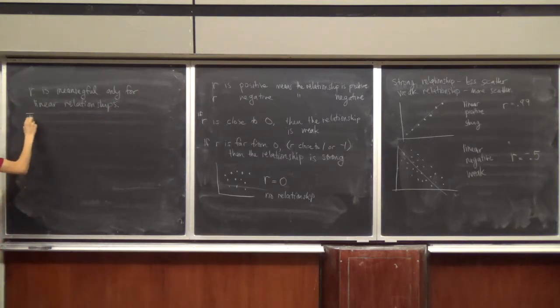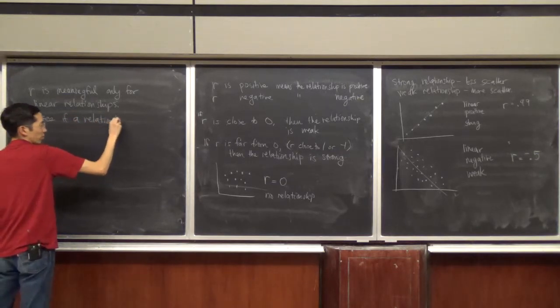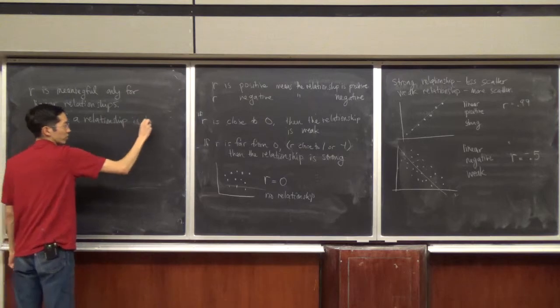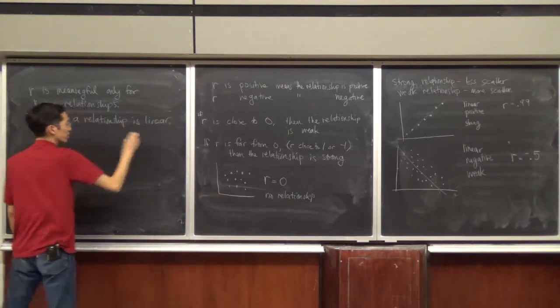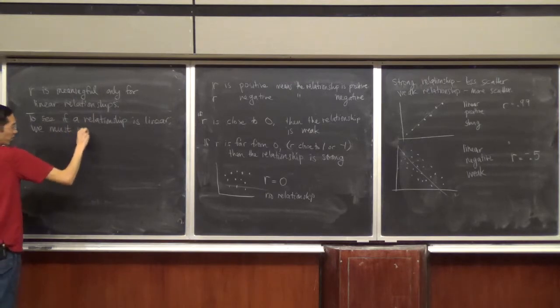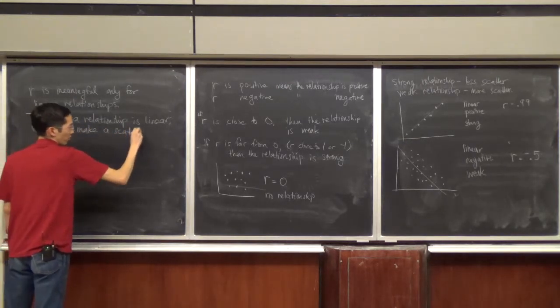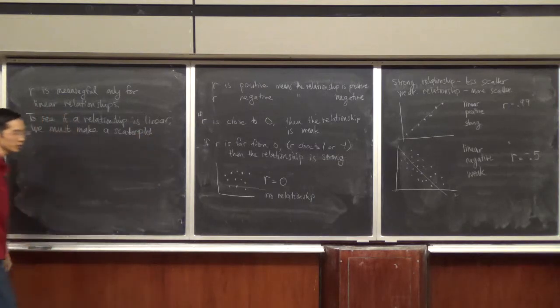To see if a relationship is linear, let's make a scatter plot.